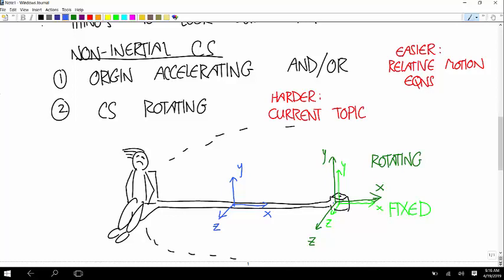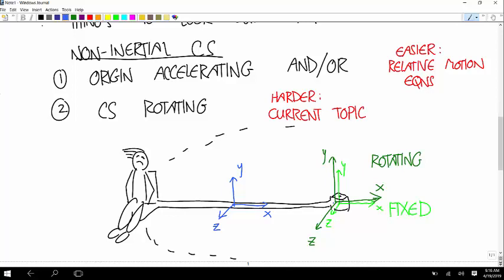Okay. The blue one is like the deluxe model. Because it's moving around in a big circle. That means it has at least centripetal acceleration if the speed is constant. Velocity is definitely not constant because it's in circular motion. And so the origin is accelerating because it's moving in a circle.